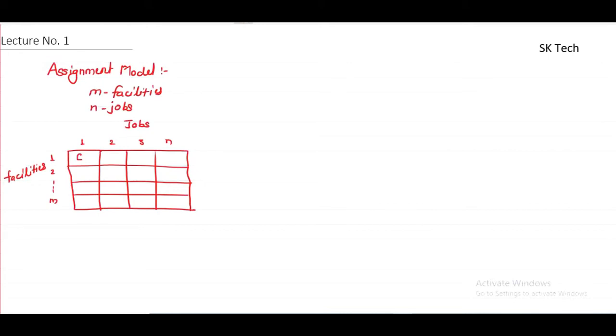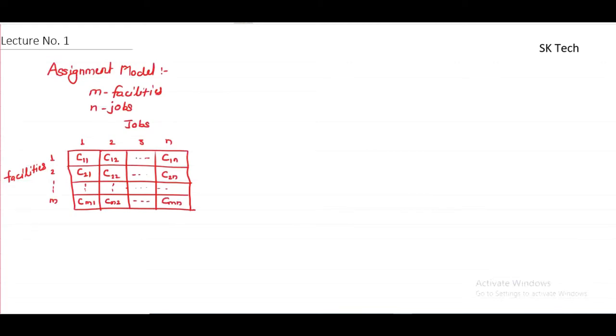So if you consider this is C11, C21 up to CM1, this is C12, and this is C22. These are the values, or we can say the costs, to optimize. This is CM2 up to CMN.